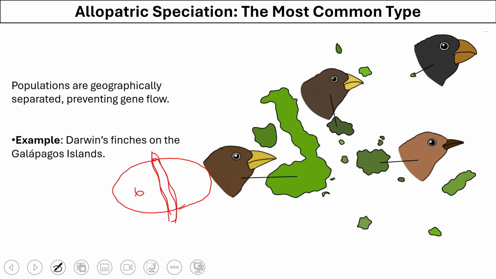Some organisms are left here, some organisms are left here, and now they cannot interact with each other. The genetic flow is prevented. This kind of speciation was seen in the Darwin finches, where because of the formation of the Galapagos islands, they cannot interact with each other.